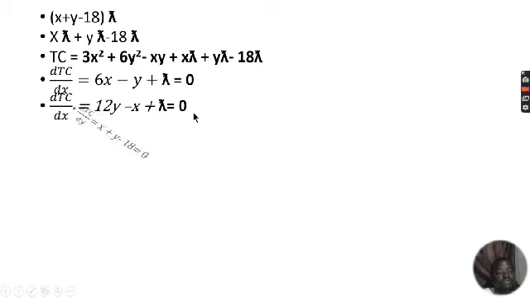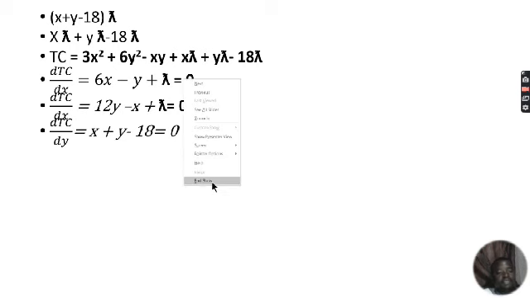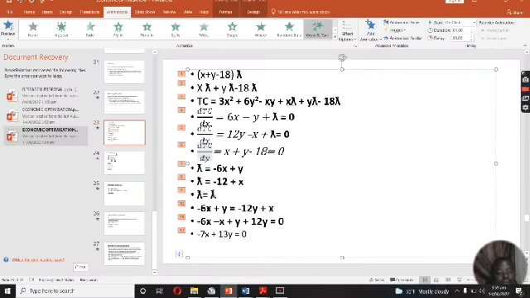And lastly, we are going to differentiate in terms of lambda, not in terms of x. That's an error, so let's differentiate in terms of lambda in the final part. This one we are differentiating in terms of y, and this one in terms of lambda.